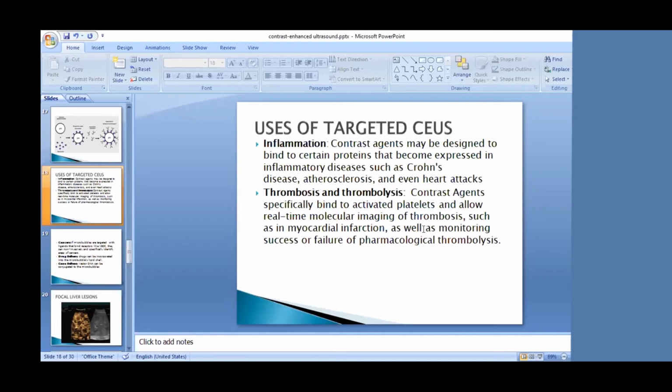We give them a thrombolysis agent, okay, to melt the thrombus. Okay, so we will make our contrast agent attach to that thrombolytic agent.